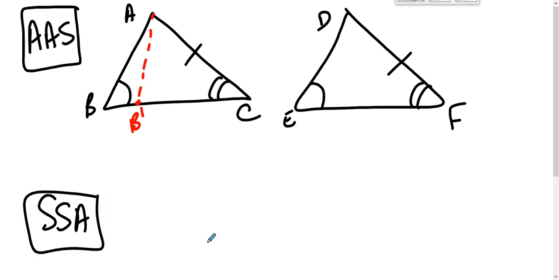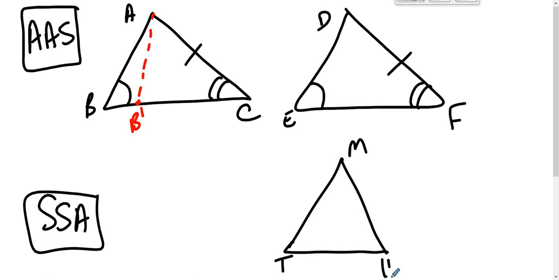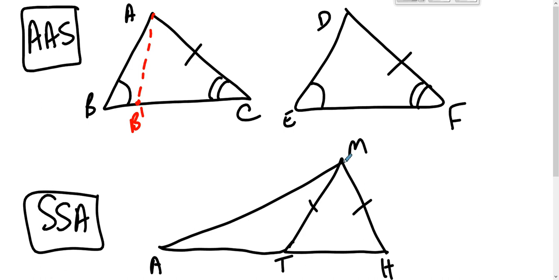You should also know that side side angle is not, and we set it up in the following way. So you have some triangle MTH, it's isosceles, and we extend segment HT to some point A, like so.